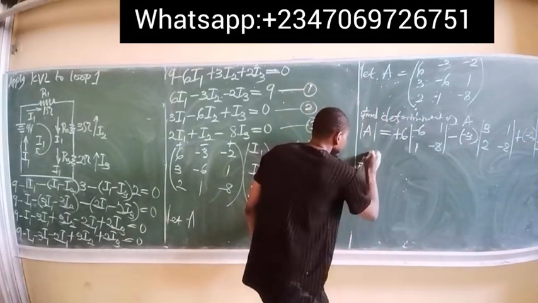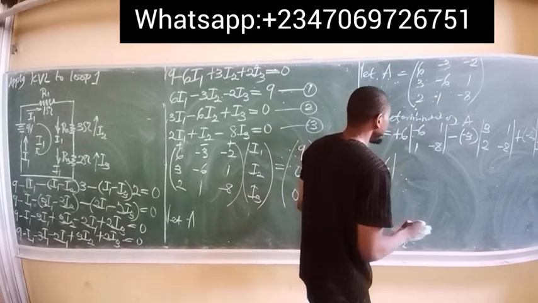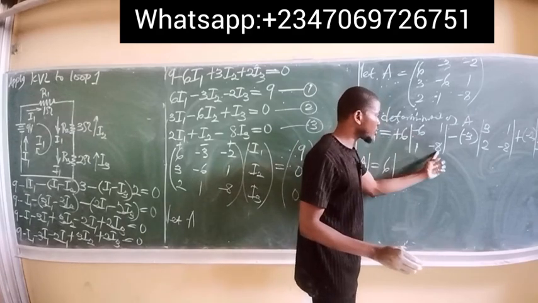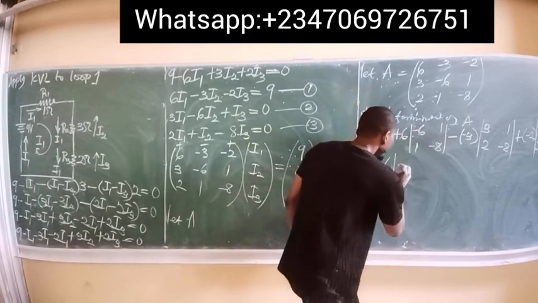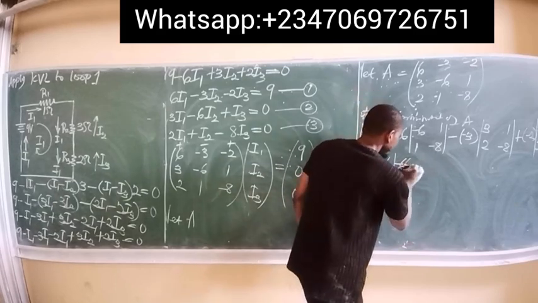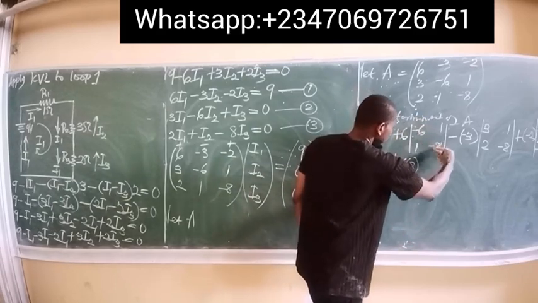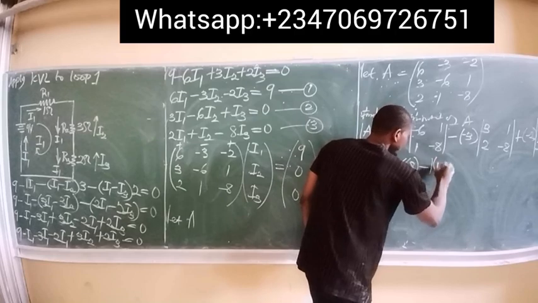So the determinant of A becomes equal to plus 6. Open your bar. Now it is simply the product of the major row minus the product of the minor row. So this is the major row, so you have minus 6 times minus 8, minus the product of the minor row, which is 1 times 1.